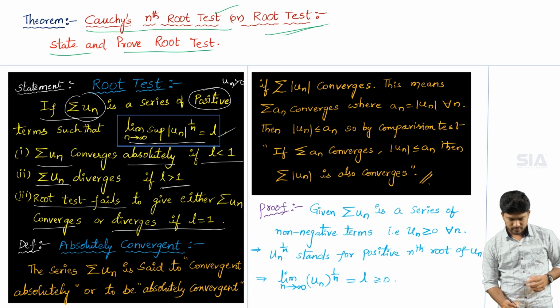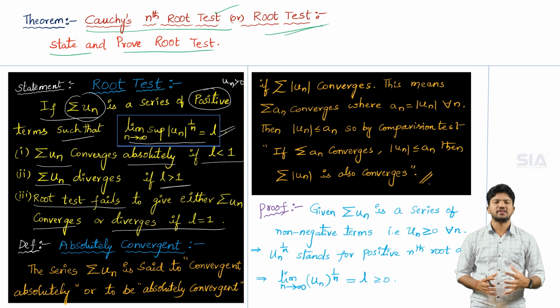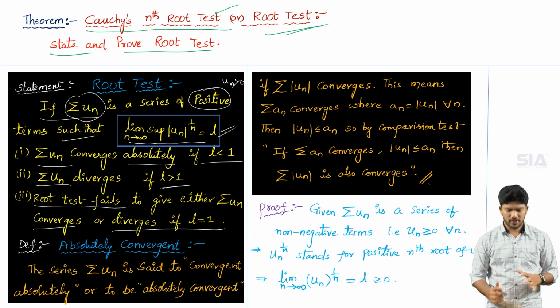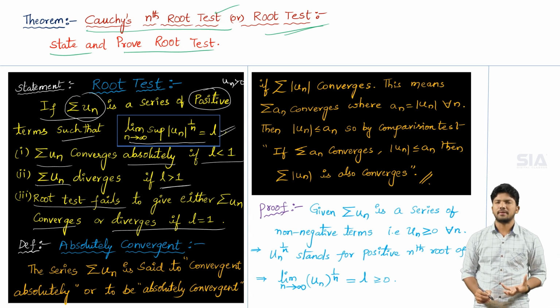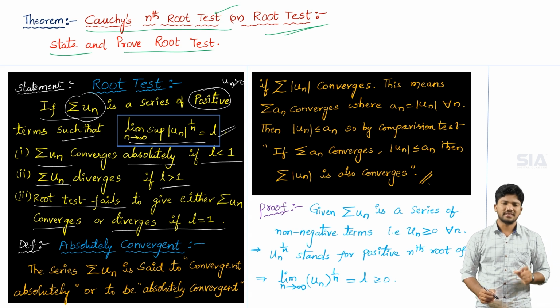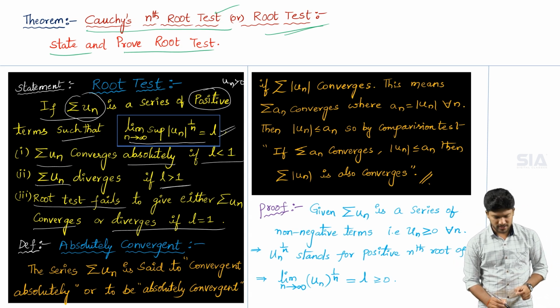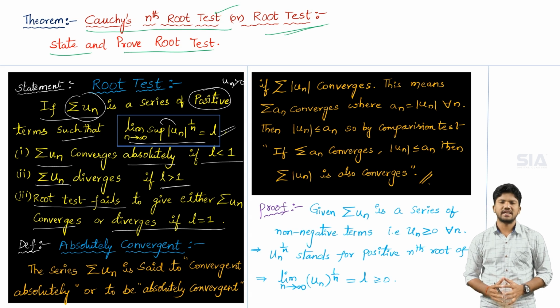Such that, here we are using another condition: limit n tends to infinity, superior of u_n whole power 1 by n is equal to small l. For the root test we are using this notation.